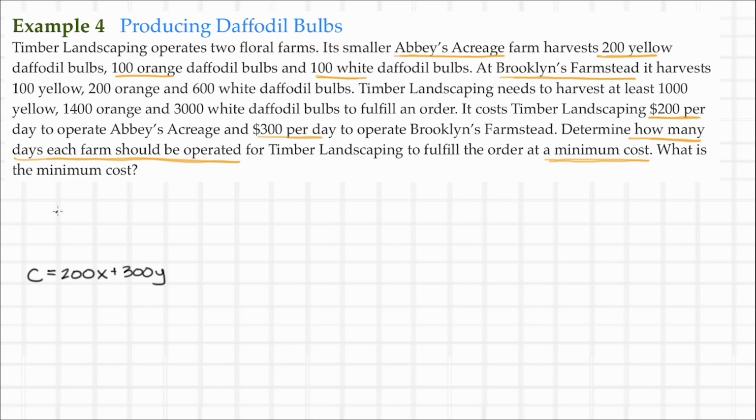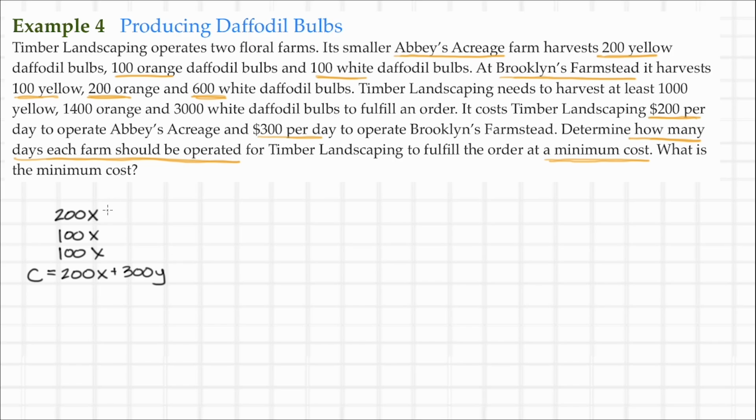So we'll do 200 yellow, 100 orange, and 100 white from Abby's. Don't forget, x is Abby's. Then we need 100 yellow, 200 orange, and 600 white from Brooklyn's Farmstead, and Brooklyn is y.